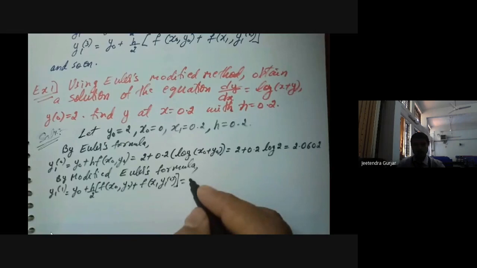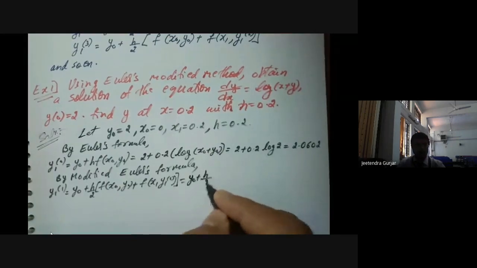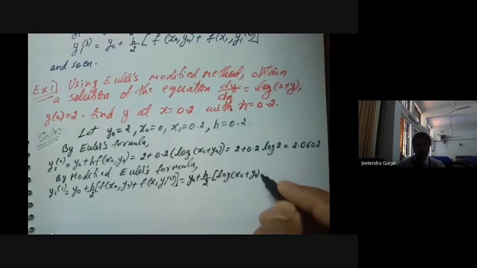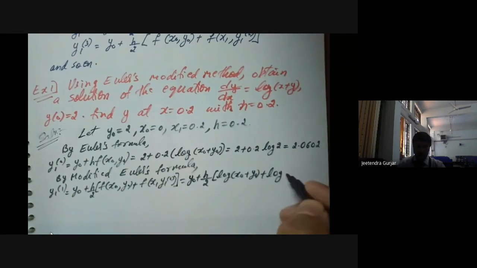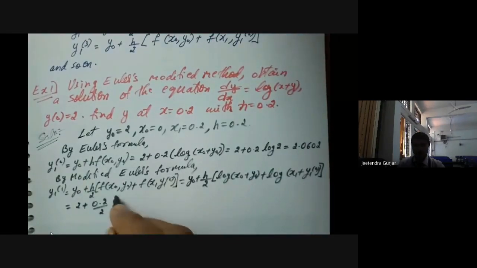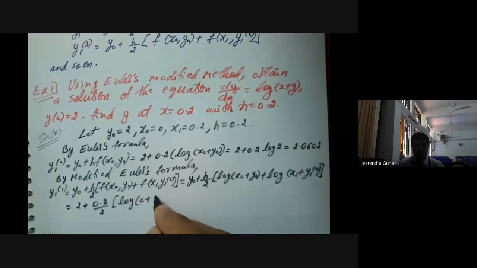So this is equal to 2 plus h upon 2, in the bracket f of x naught, y naught. I am going to write this as log of x naught plus y naught, plus f of x1, y1 raised to 0, which is going to become log of x1 plus y1 raised to 0. Substitute the values, students. y naught is 2, h is 0.2, so 2 plus 0.2 upon 2. Log of x naught plus y naught is nothing but 0 plus 2. Next, log of x1 plus y1 raised to 0.